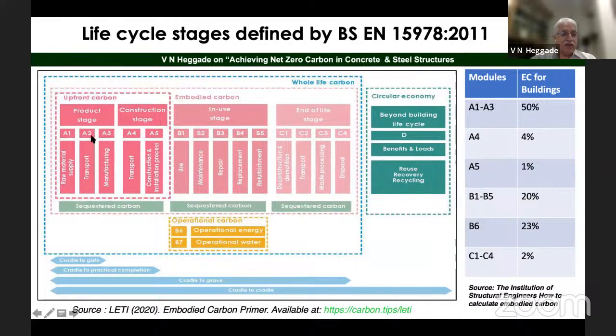During the production as well as the construction stage, it is called the upfront carbon, or the before-use carbon. The in-use carbon is when the facility is being maintained, and during the service life, whatever maintenance as well as intervention is required, whatever carbon dioxide emission occurs is called the in-use carbon.